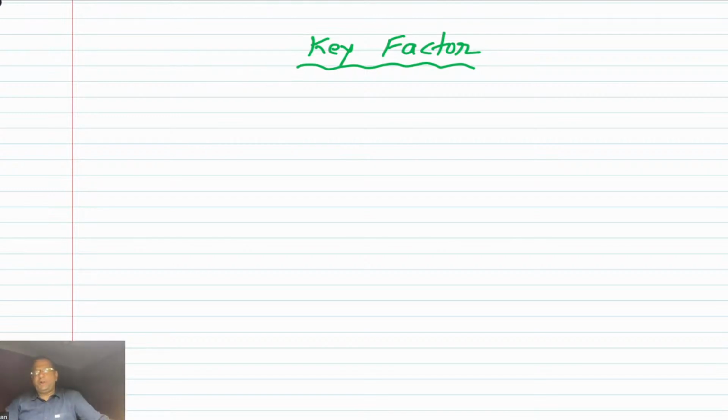Now write down point number 3. Decision basis. What is the basis for our decision?